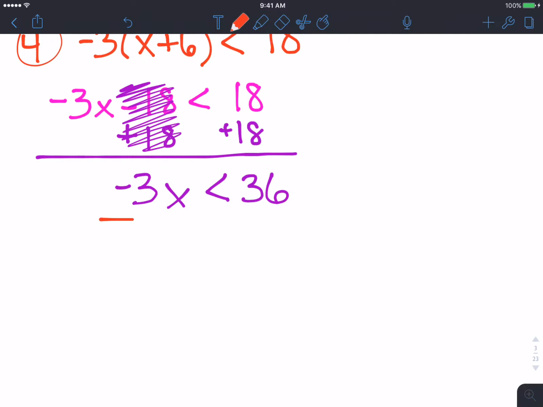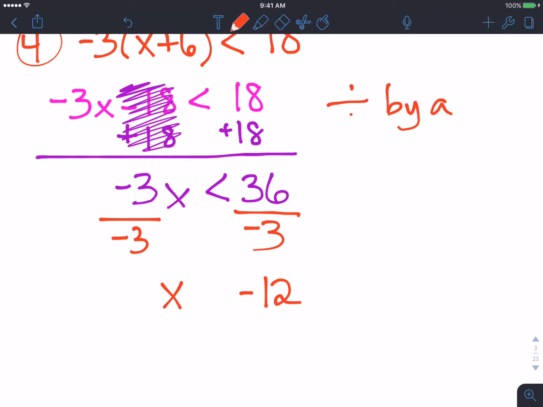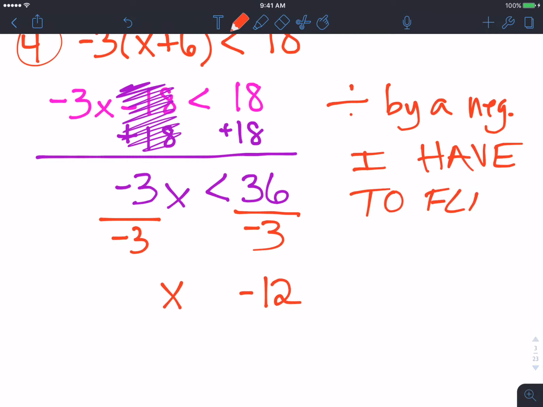Now go ahead and divide by negative 3 and divide by negative 3. And 36 divided by negative 3 is negative 12. And since I divided by a negative, I have to flip the sign.